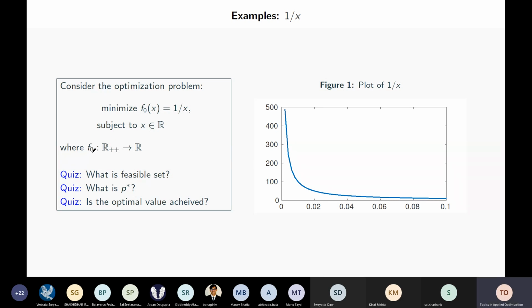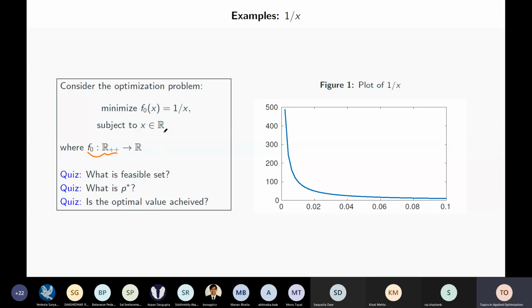I think I have not read this completely right. Here I'm defining f not to be going from R plus plus, remember R plus plus is the strictly positive numbers, to R. So this is the domain that is well defined here.